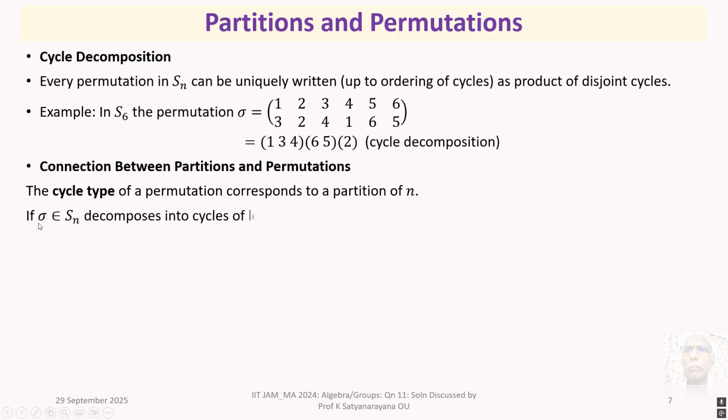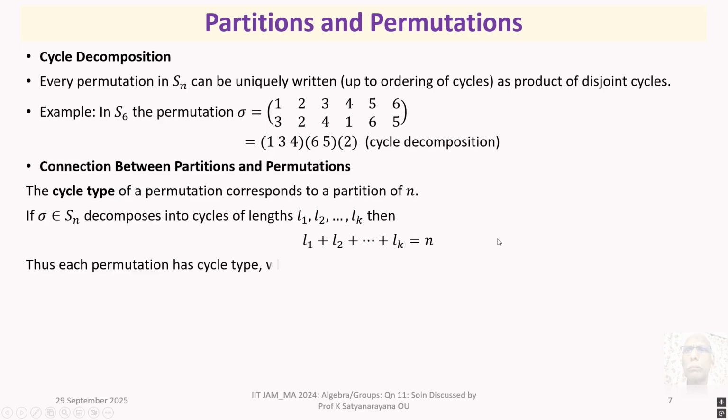If sigma belongs to Sn and it decomposes into cycles of lengths L1, L2, ..., Lk, decomposes means written as the product of disjoint cycles of lengths L1, L2, ..., Lk, then L1 plus L2 plus ... plus Lk is equal to n, and this is the partition.